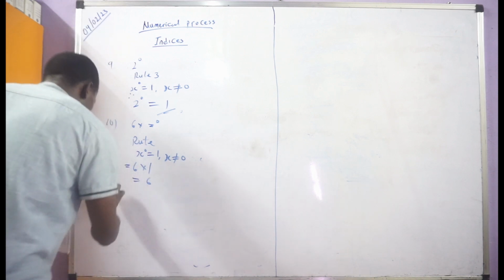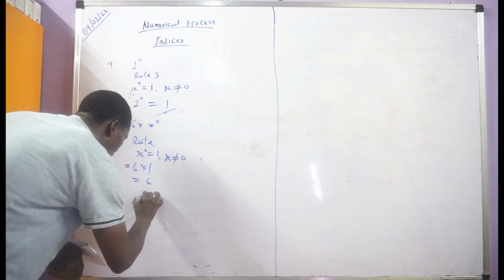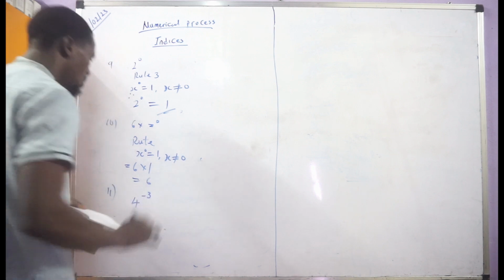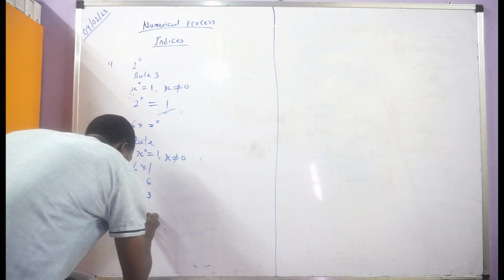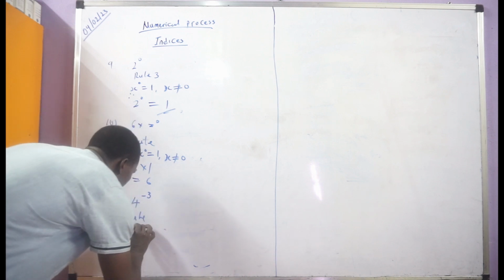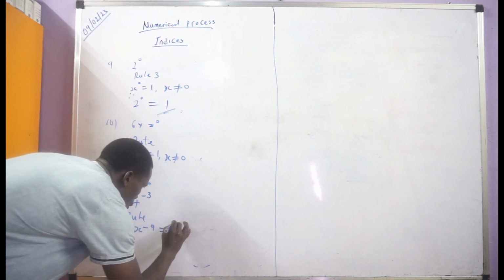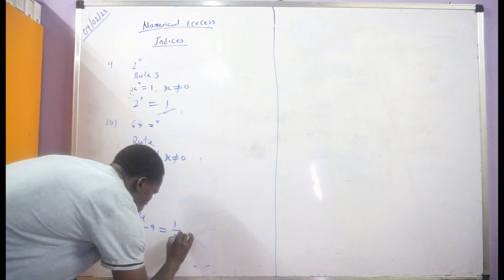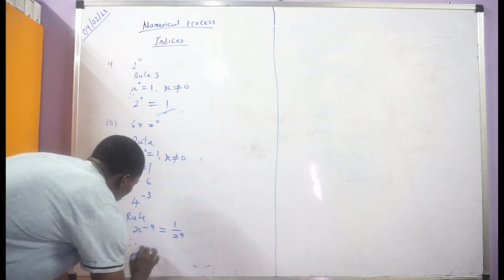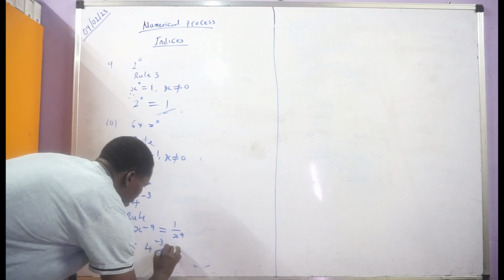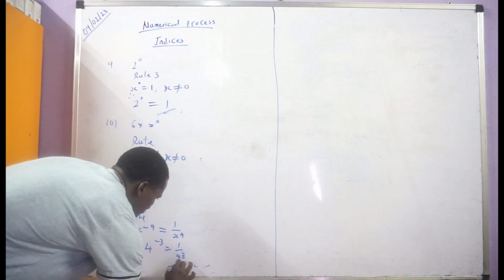So number 11 says 4 raised to power minus 3. Remember rule 4 says x raised to power minus a is equal to 1 over x raised to power a. In this case we have 4 raised to power minus 3 is equal to 1 over 4 raised to power 3.